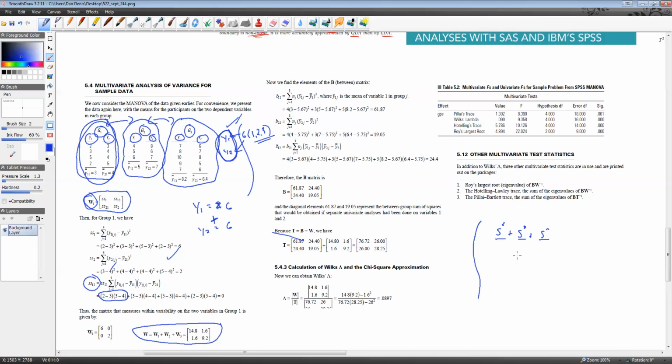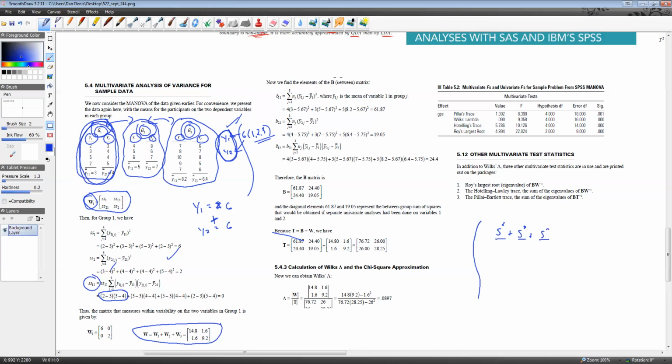It's not reflecting group separation. It's just reflecting what you would expect to see if there is nothing going on in your group theory, group 1 versus group 2 versus group 3. And the W is just looking at that within over here.